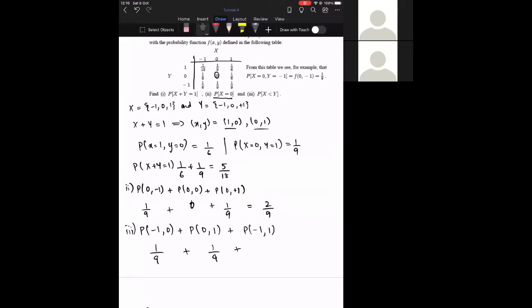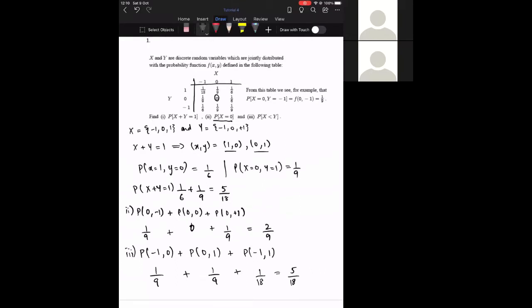Lastly, we have 1 over 18. Summing these up together, we get the same as the first part, 5 over 18. I hope this is clear. If there's any question you may ask.